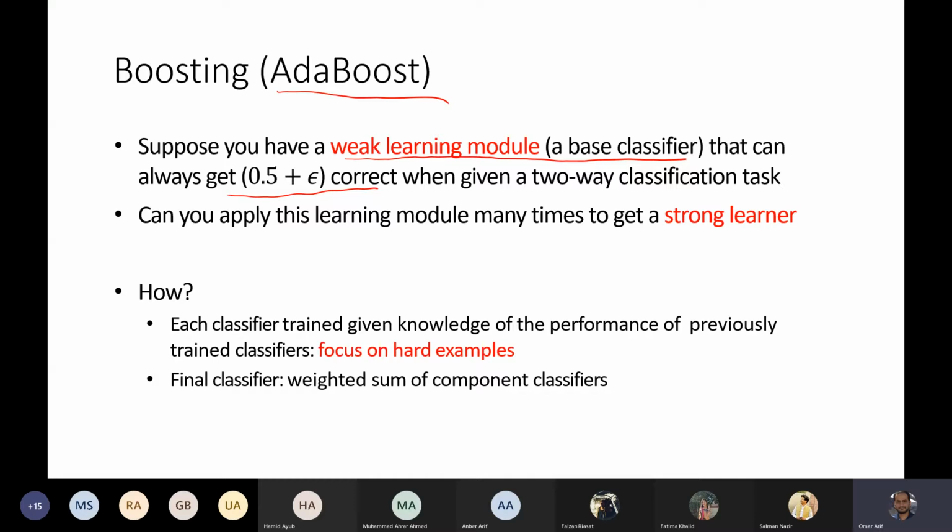Harder examples means that the examples I could not classify rightly in the first round are given more weightage in the next round, and so on. This is how ultimately, in the final round, the base classifier would be looking at the examples which are the hardest.